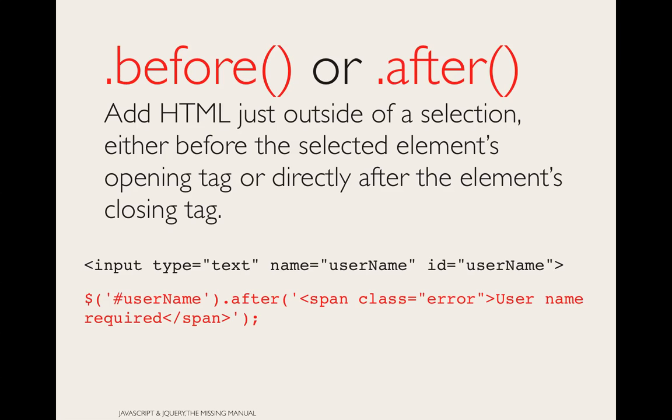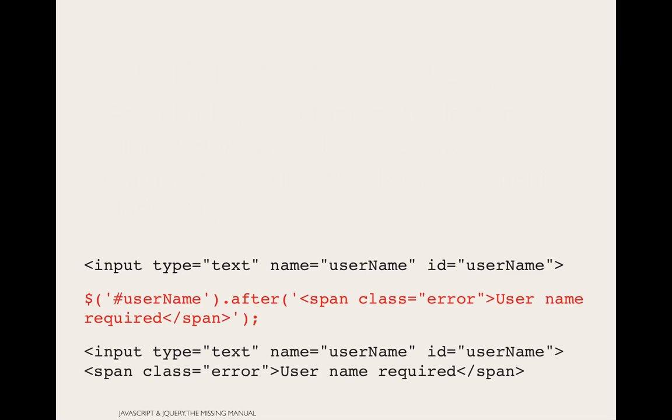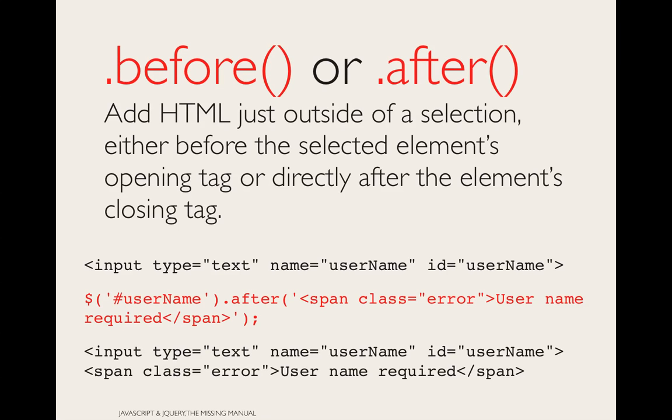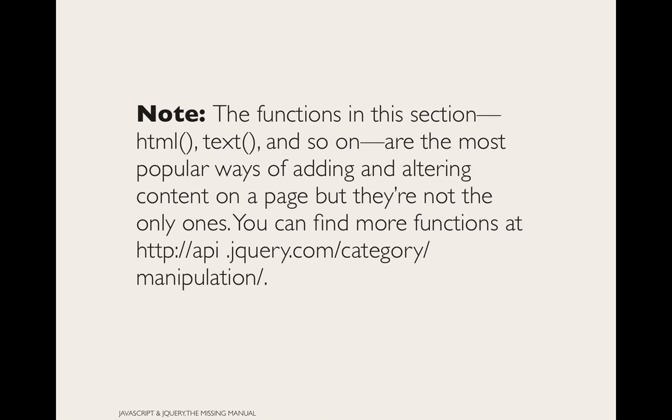You could add this after that element in the DOM to give them some feedback and say, hey, your username is required. So for instance, here we're taking that same input, we're saying after, and we're going to see that it put that text right there. Little takes getting used to.